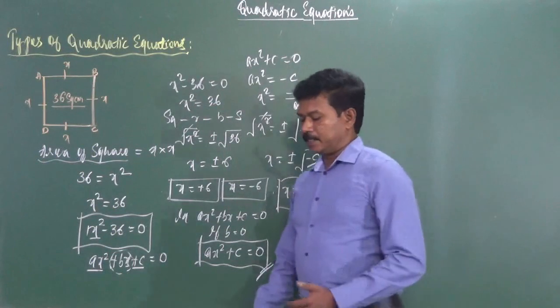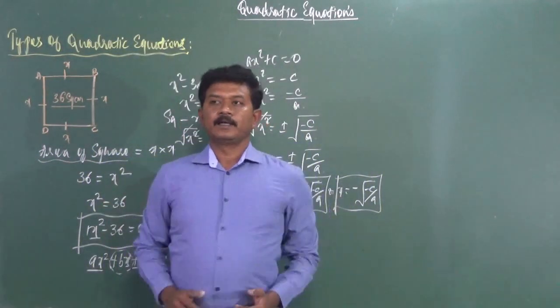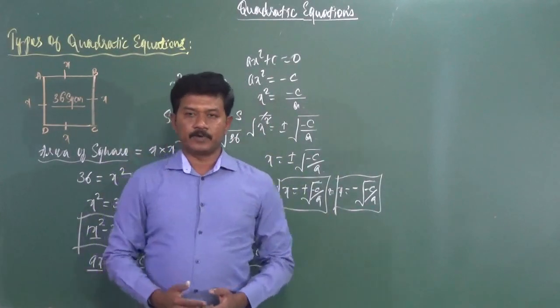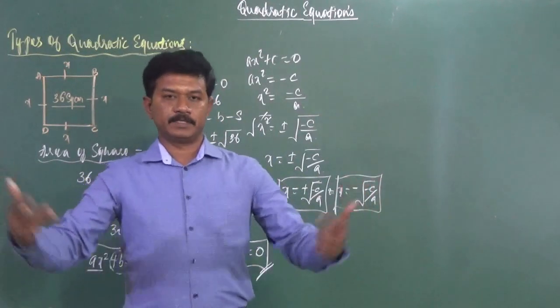Right. Now let us get into the second type of quadratic equation. So here, to reach this type of quadratic equation, I am going to take up a statement, right?